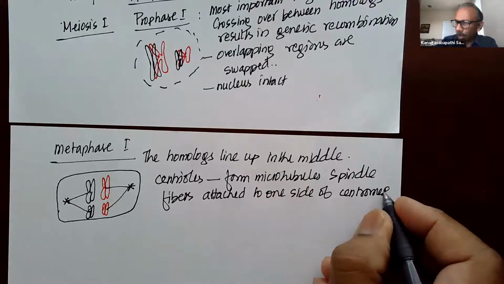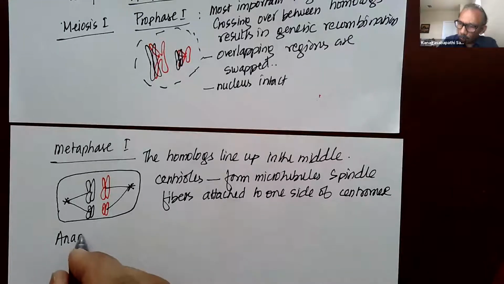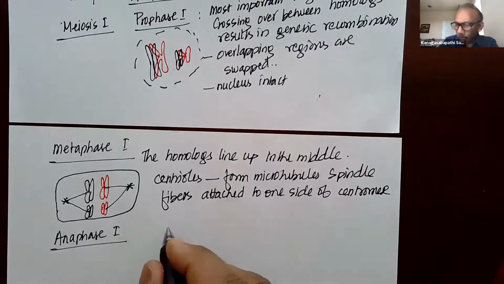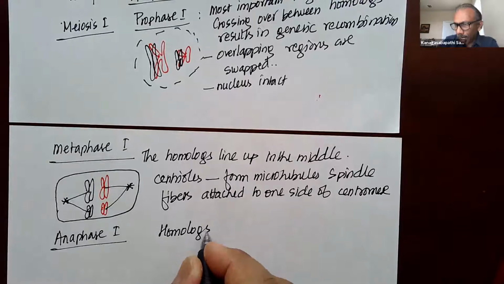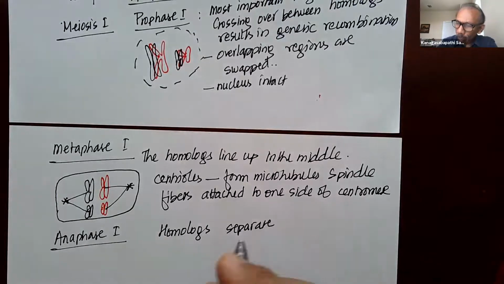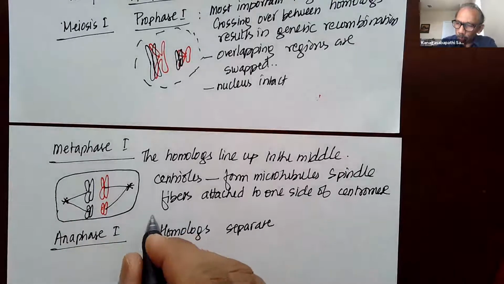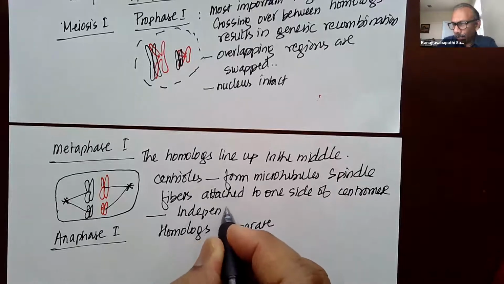Okay. So then what happens is in anaphase 1, the homologs separate. The sister chromatids still stay intact. Okay. And when they line up like this, there is an independent assortment that happens here.